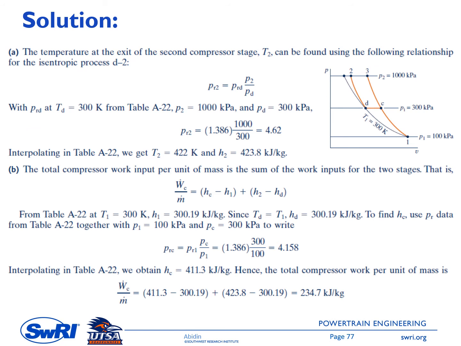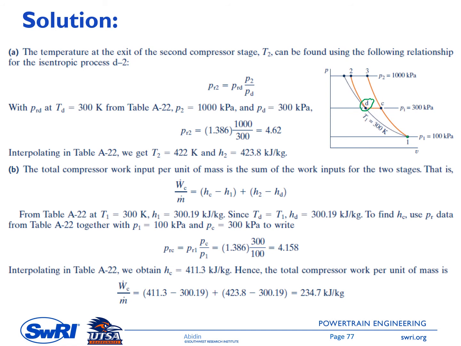So we have state 1 here, temperature and pressure are given, so we can get H1 and PR1, and then we can also get PR2 here from the given temperature at point D. Because the temperature at point D is 300 Kelvin, we can get PR2 and thus the enthalpy at point 2.